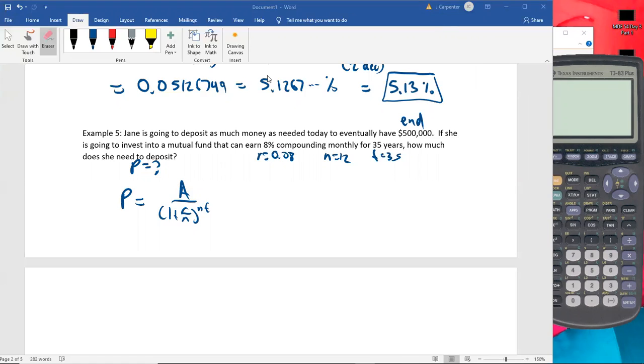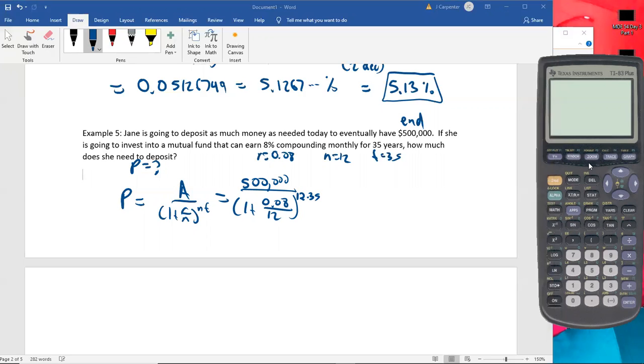All right. So we have our 500,000 divided by parentheses 1 plus the 0.08 divided by 12, raised to the nt, which is 12 times 35. You need to see what 12 times 35 is. It's 420.